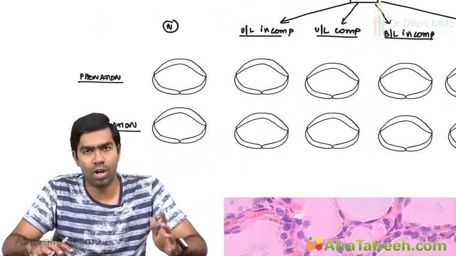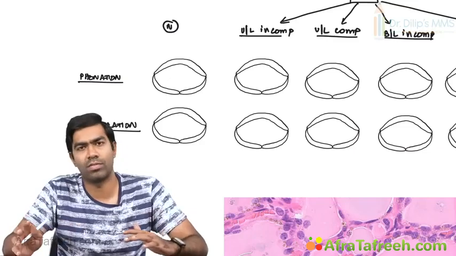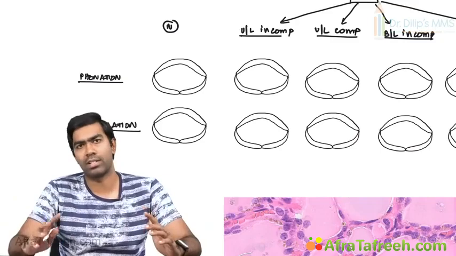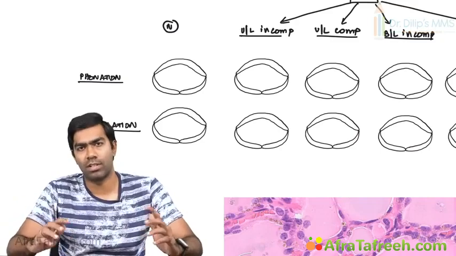So here I have told you the normal and different varieties of recurrent laryngeal nerve injury, and also what positions you will be seeing in combined recurrent laryngeal nerve and superior laryngeal nerve injury.